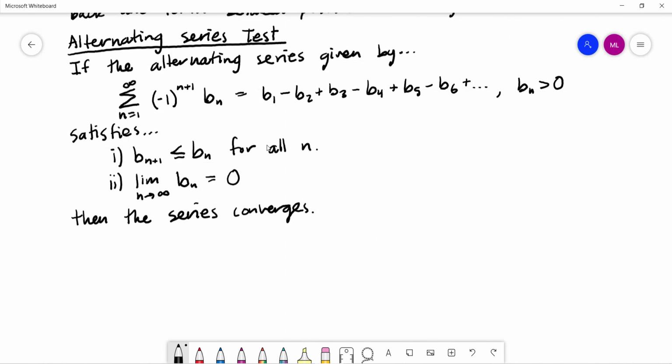If we compare this to some of the stuff we've talked about before, we saw that these terms going to 0 is a necessary but not sufficient condition to ensure that a series is going to converge, right? We looked at that with the list of all the different functions that go to 0: 1 over the log of n, 1 over the square root of n, 1 over n, 1 over n squared.